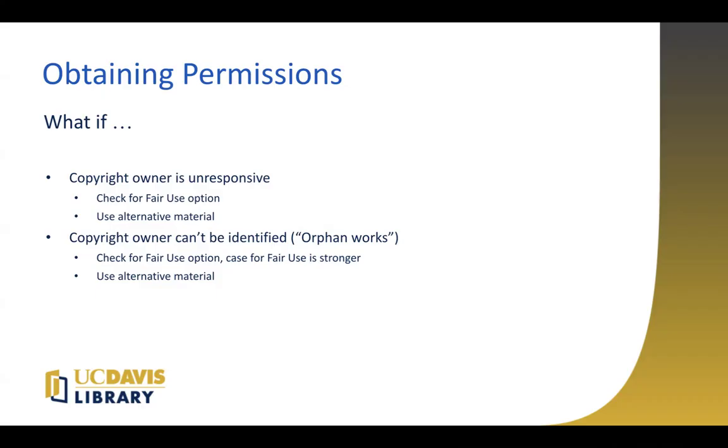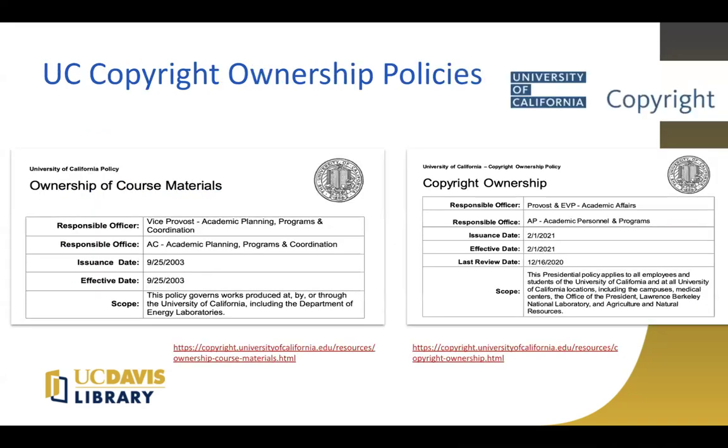The publisher might not exist anymore, so it's really difficult, and sometimes impossible, to find out. So here the case for fair use is stronger if you can demonstrate that you made a reasonable effort to identify the copyright owner, but you were not successful. But also you might think about using alternative material.